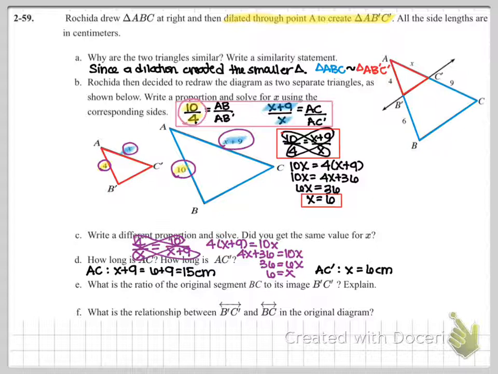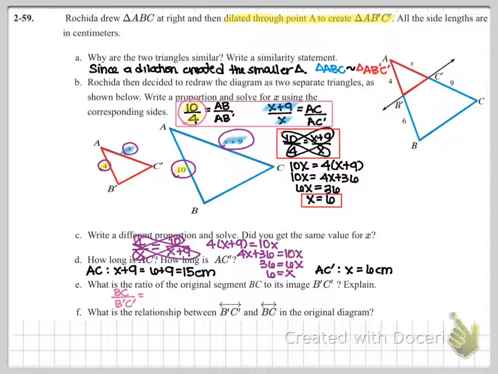So let's be smart about this. We want to do BC to its image. So that means we want to do BC over B prime C prime. Now, just remember taking a look at the picture, since I keep falling into the habit of thinking that the larger one is the new one, which it isn't.